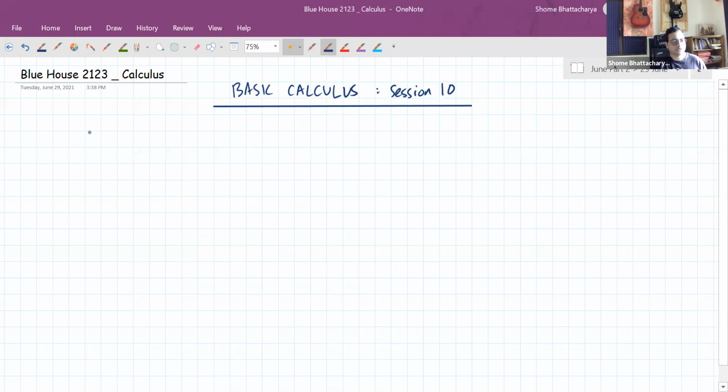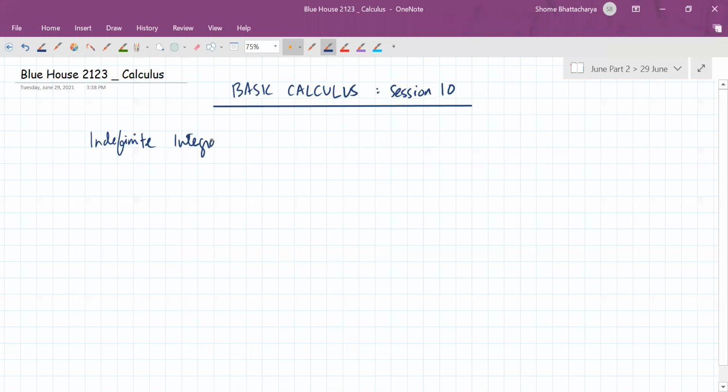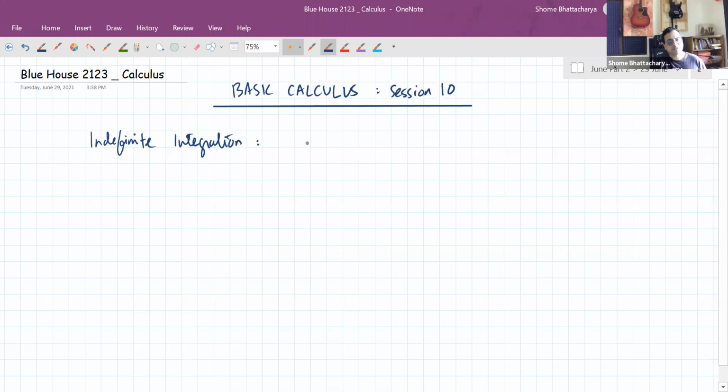Okay, so we saw that indefinite integration is a process, an operation, to calculate what is called the antiderivative of a function.